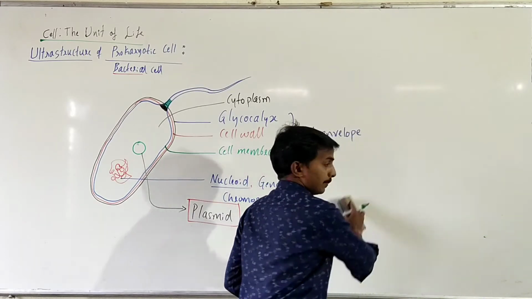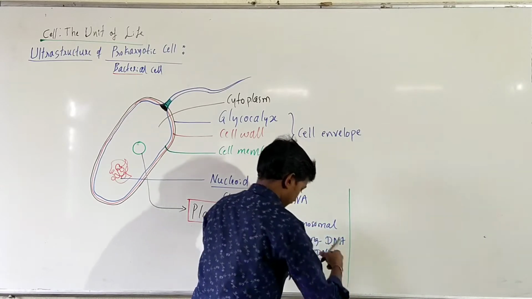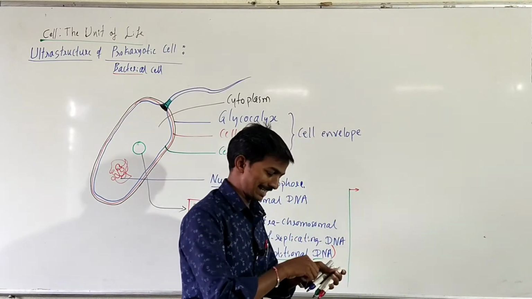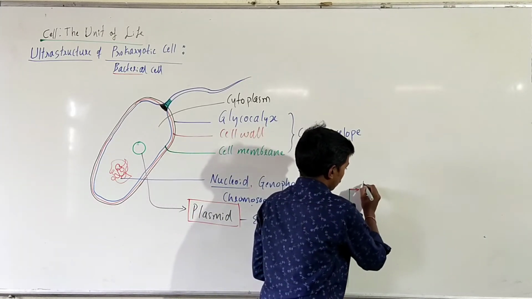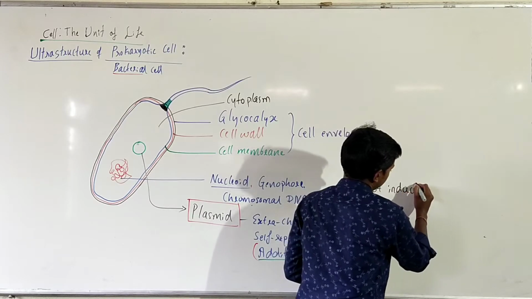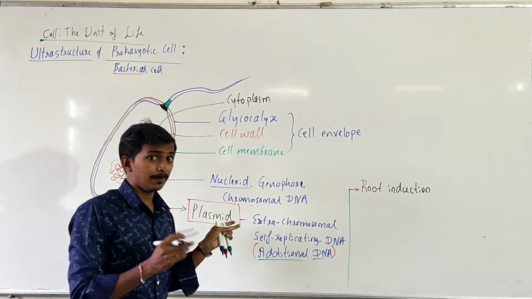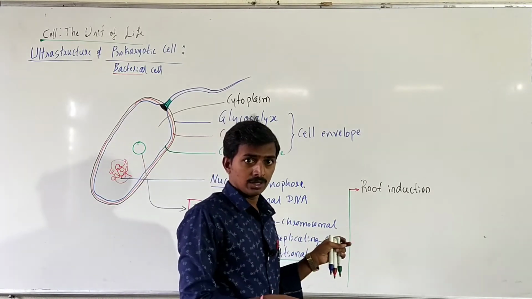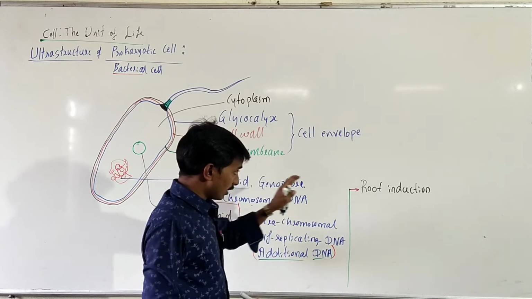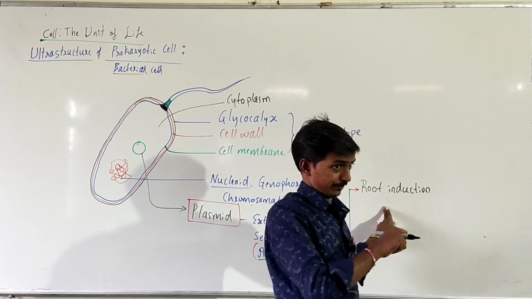Here, plasmid is responsible for many of the functions like root induction. It means whenever the bacteria is a pathogen causing some diseases, in that case, this plasmid helps in the formation of roots in the host plant.